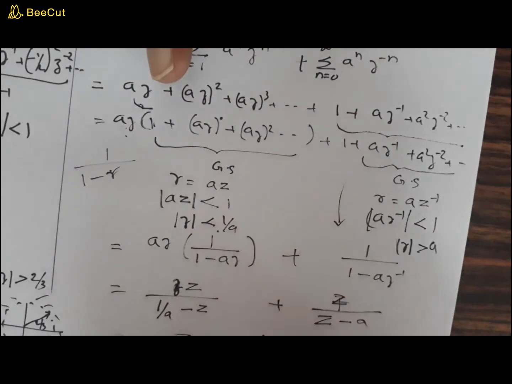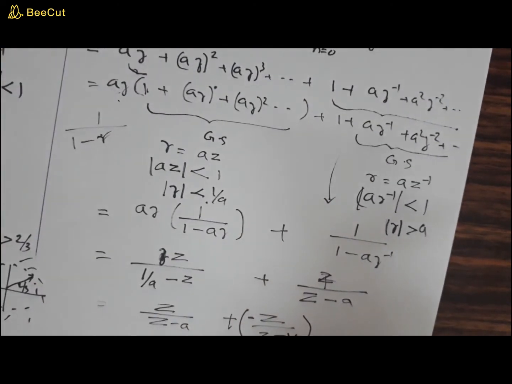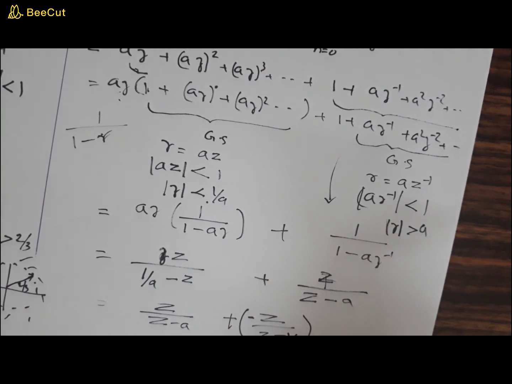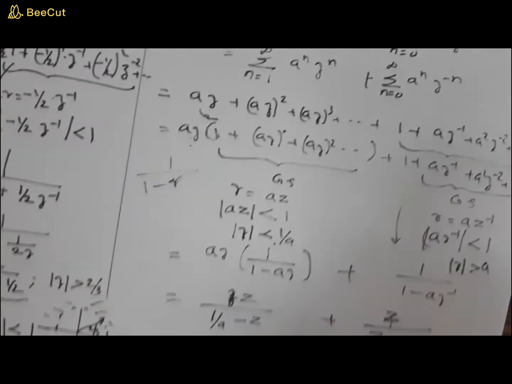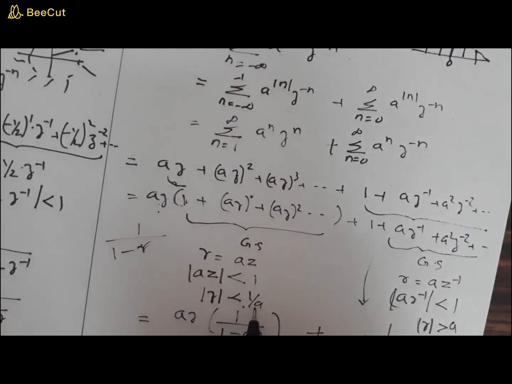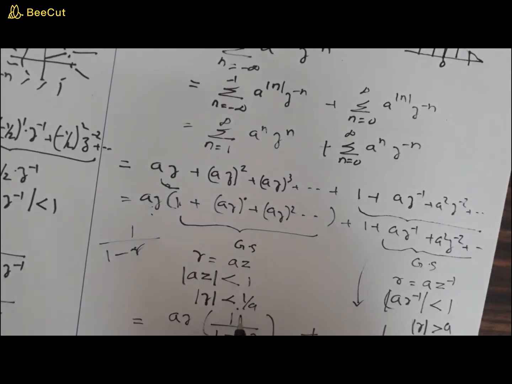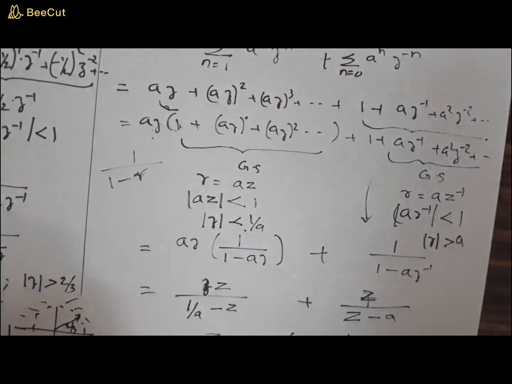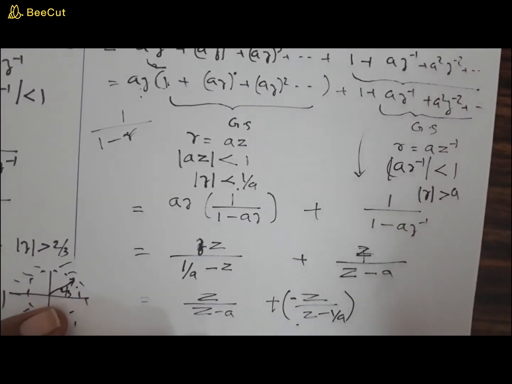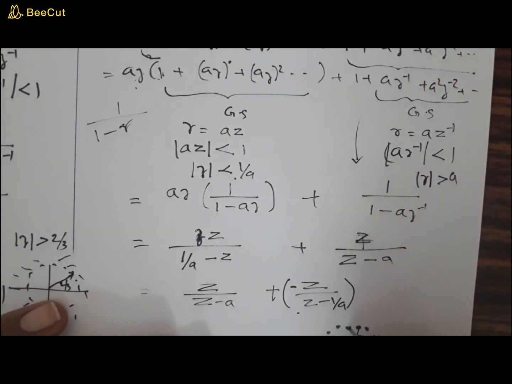Now in order to have this combined Z transform, for this non-causal part, for the presence of the Z transform, mod Z has to be less than 1 by A. Obviously for a non-causal signal it will always be less than 1 by A, meaning this is the region, well inside the circle.